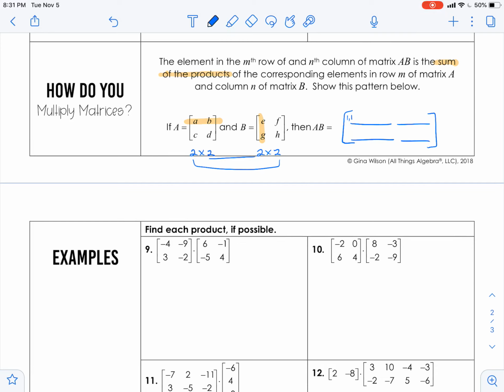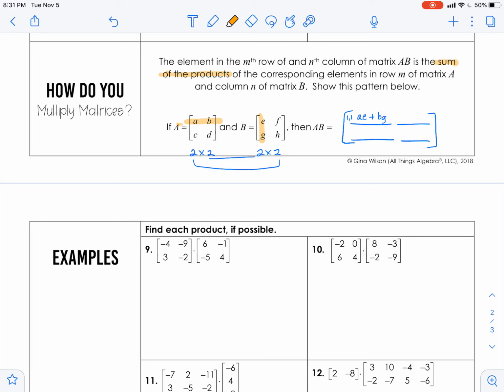What does that mean? It means I'm going to take A times E, and I'm going to add it to B times G. See what I did? A times E, so first times first, first in the row, first in the column, second in the row, second in the column. And I'm going to add those together.